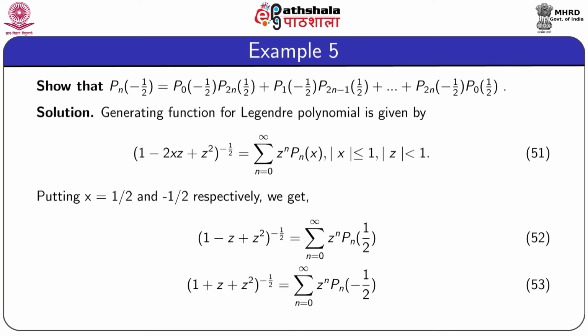We start with the generating function for Legendre's polynomial given in equation 54. Next, you put x equal to 1/2 and x equal to -1/2 respectively in expression 54, and if you do that, you will be getting equation number 55 and equation number 56.